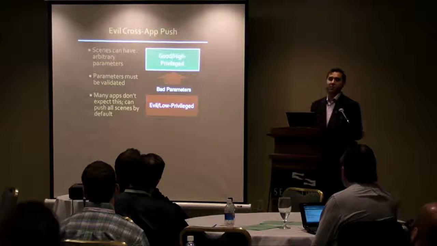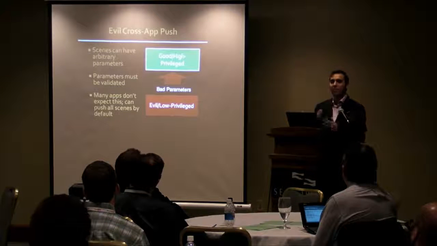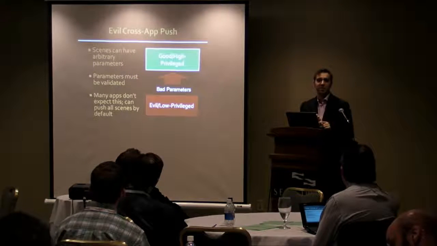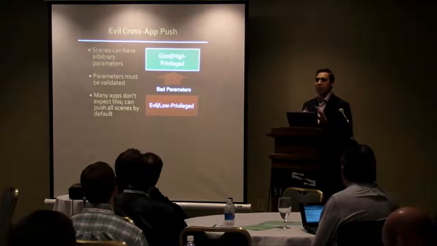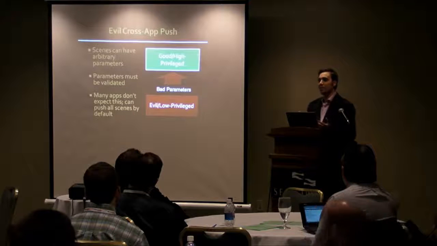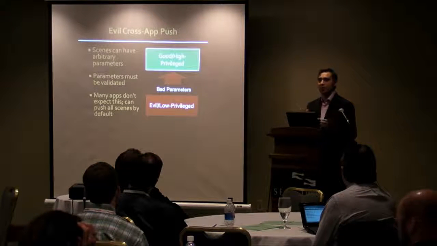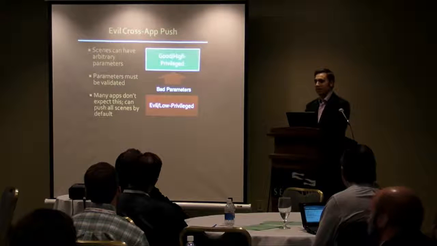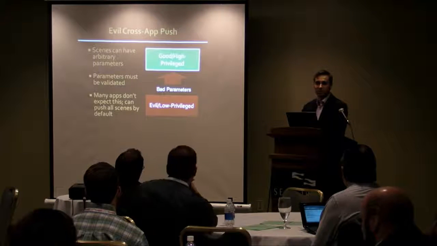So say, this makes more sense on the web, but you might have a 4-stage purchase flow for a website. You put stuff in your cart, you review your cart, you do a checkout, you get confirmation. Okay, so how many bugs have been found where you skip the first 3 steps and you go straight to the confirmation page? And it didn't expect you to do that. It didn't expect you to pass bad parameters.